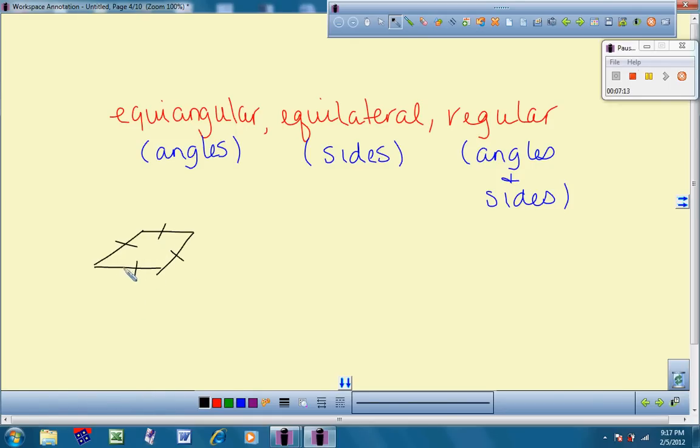Alright, so if we look at the polygon shape that I have drawn, out of your three choices here, the only thing that we are given, remember we are not making assumptions, is that the four side lengths are congruent, so this polygon would be considered equilateral.